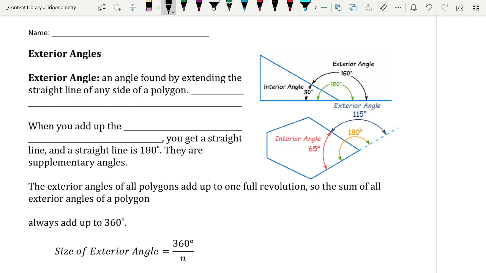So it's an angle found by extending the straight line of any polygon. The angle is outside of the polygon. And that makes sense when you think about the word exterior.